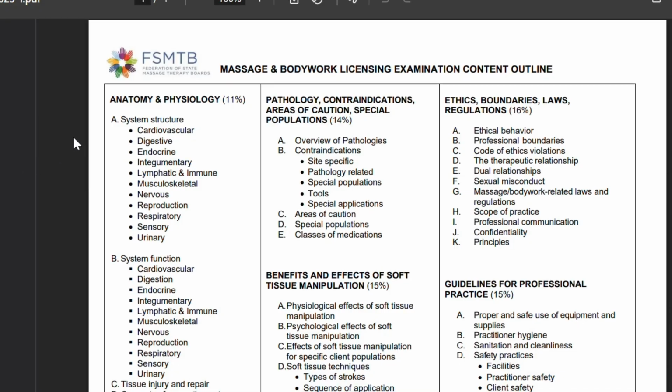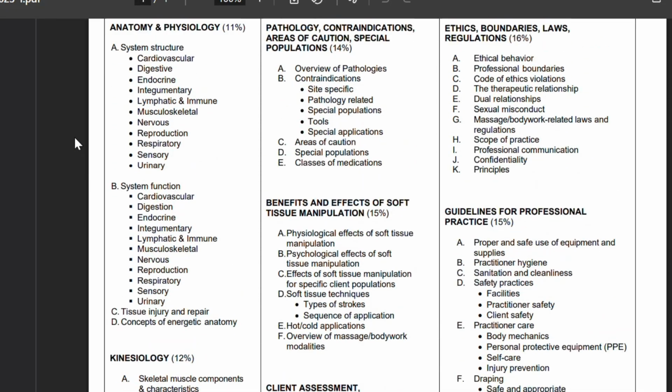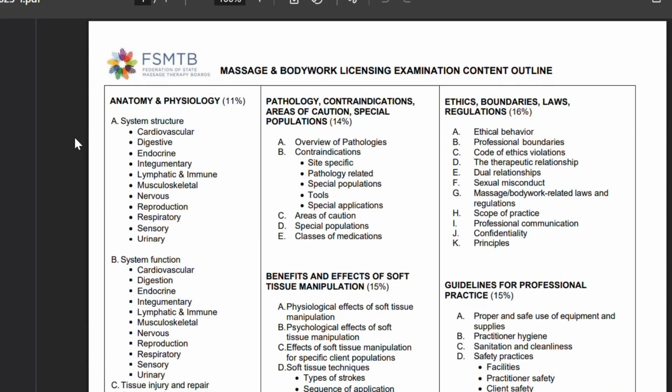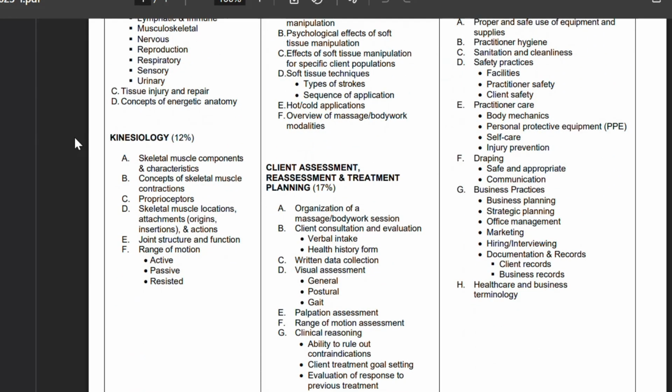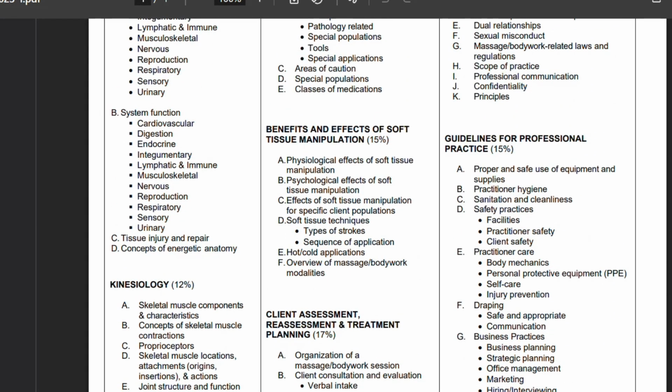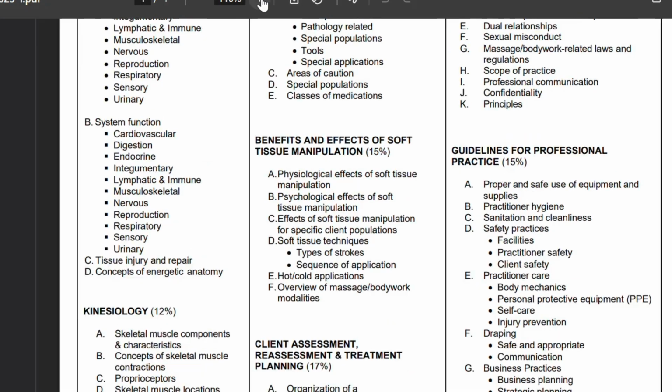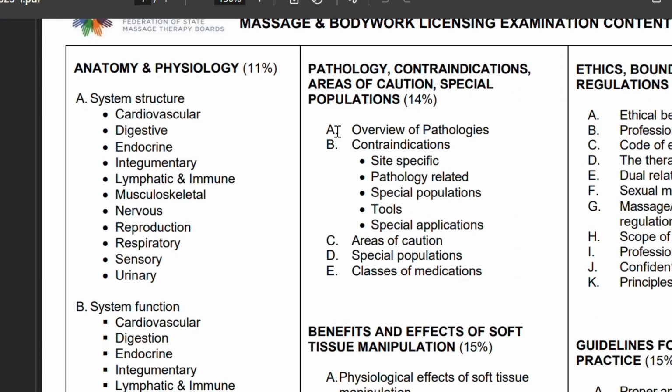Now, in your Federation of State Massage Therapy Boards exam content outline that you can get from their website, there's a little chart that has the 7 categories of the Massage and Bodywork Licensing exam laid out, and then it has some more specific details about what you need to know under each of those categories. First of all, there's pathology, which is a really big deal.